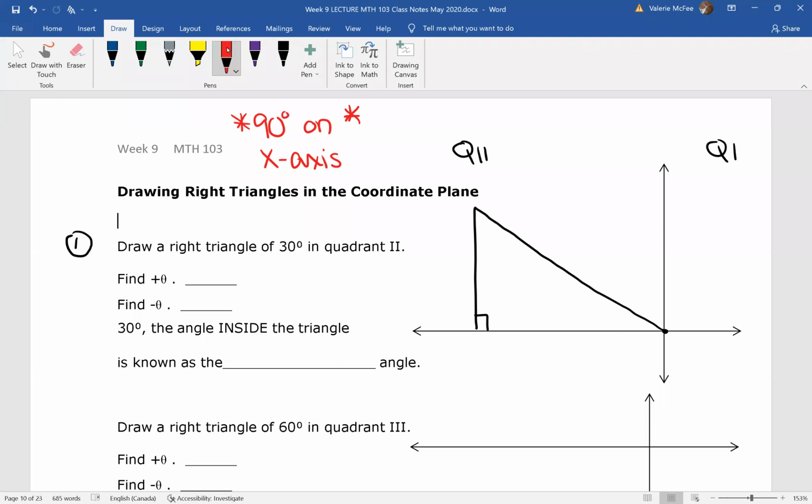If you had forgotten that, please make note of it with your red pen or highlighter. Now I'm asking us to find positive theta and negative theta. Remember that this is where we start on the positive x-axis. This is always 0 degrees here.